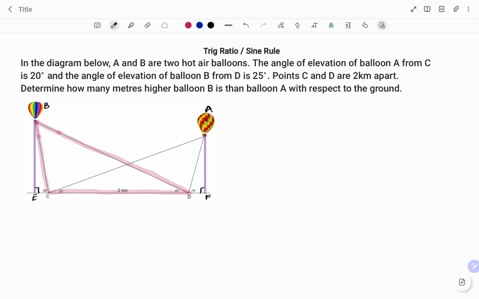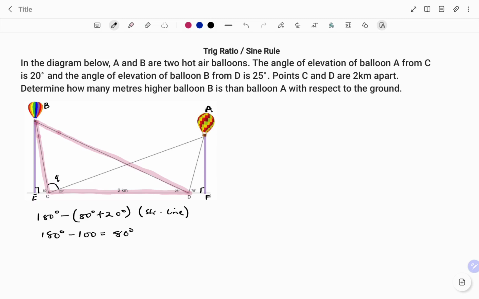Note that to find the missing angle here, angles on a straight line add up to 180. So I have 180 degrees minus 80 degrees plus 20, and the reason being that's a straight line. Therefore, the angle at C would be 180 minus 100, and that will give me 80 degrees.